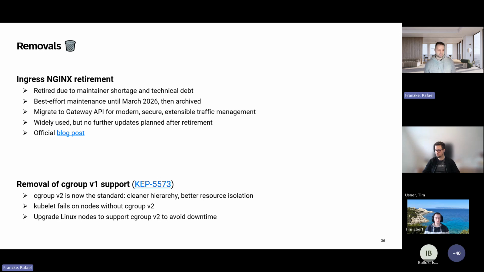And as you probably know, it is decided that it will retire at the end of March. Until then, there's just best effort maintenance. The guidance is to migrate to Gateway API. If you want to learn more, there's this blog post, but I guess most of us already know.